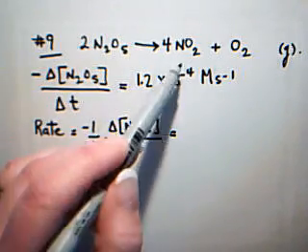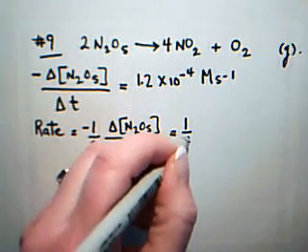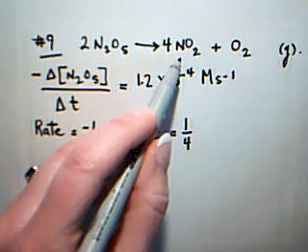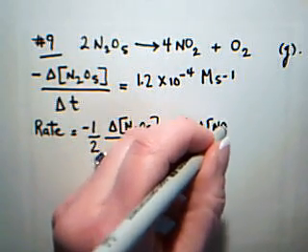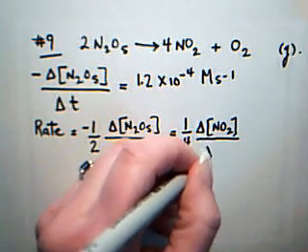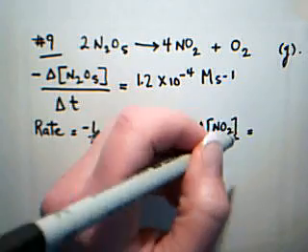And I can write it in terms of each product. And again, the 4 will become a reciprocal, but this time it's positive because NO2 is a product, times its rate of change. And the triangle is just delta, it means a change.